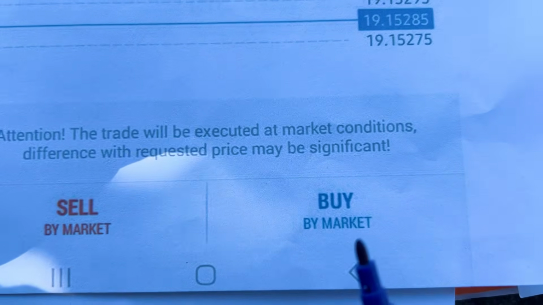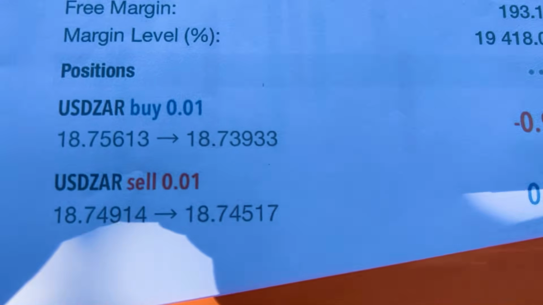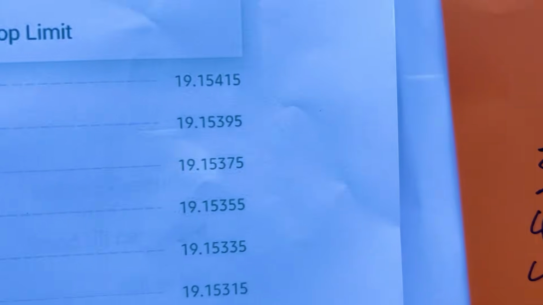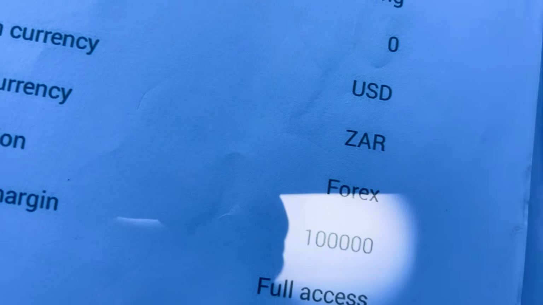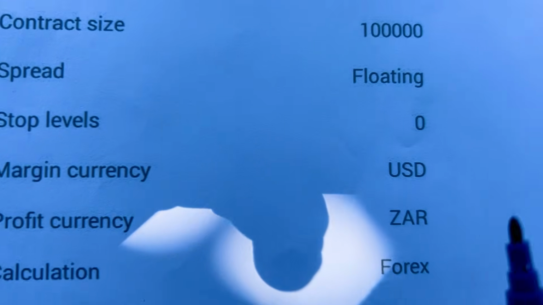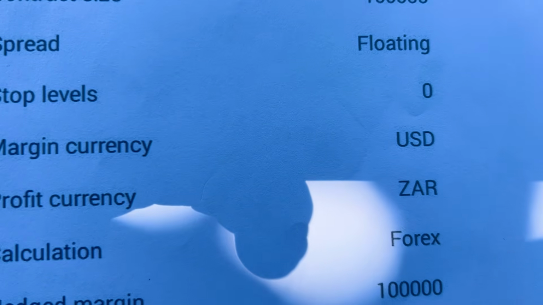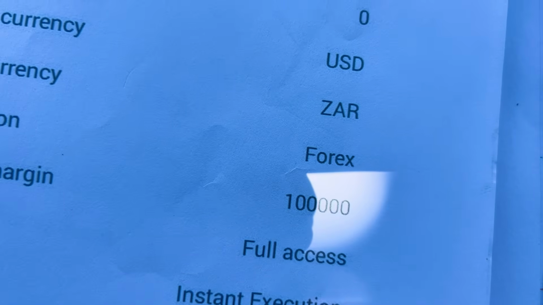In this case, you can see here we have sell by market, buy by market. Now we have the order here. When we are looking in terms of that, we have this here, 0. We're going to place an order of a buy and sell instantly without any issue at that current price.